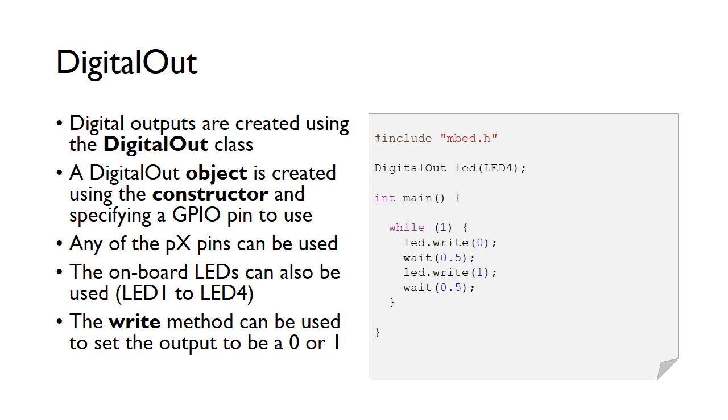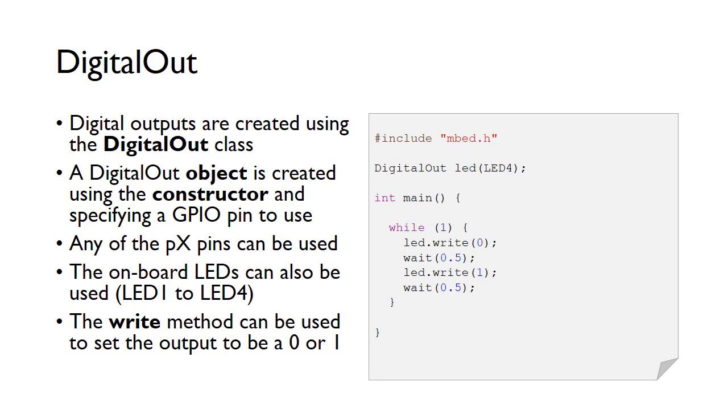So you create a DigitalOut object, connect it to a particular pin, and then we can just use that object in our code to control the pin. You can see in this example that to do this, we need to include the Mbed library.